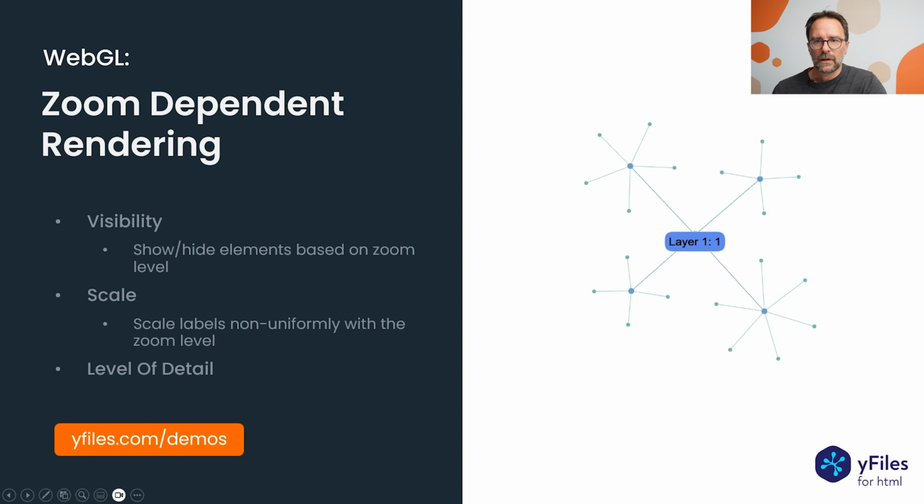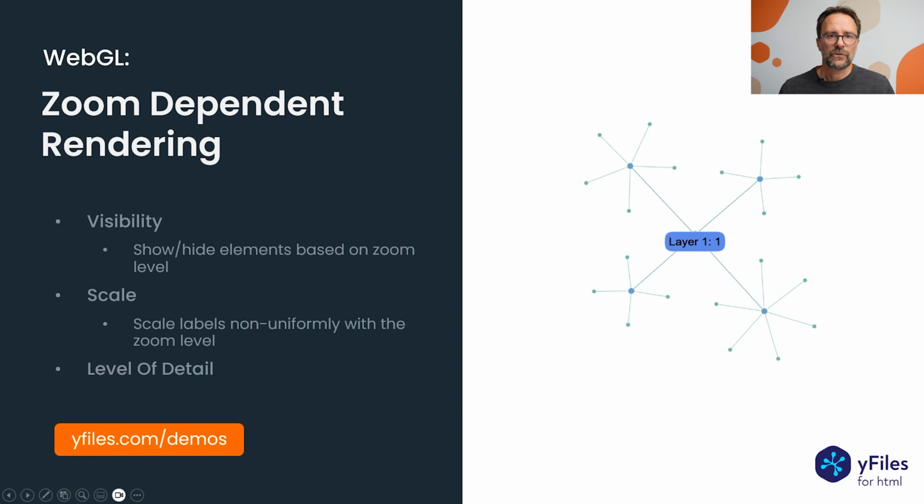Now, if you start with a large graph with tens of thousands of nodes, or even millions of nodes, and then zoom in, obviously you can't just regularly scale a label or show all the elements at every zoom level. Just like when you use a tool like Google Maps, details will appear once you zoom in. And this is something that you could do with the old implementation already, but you had to do this manually.